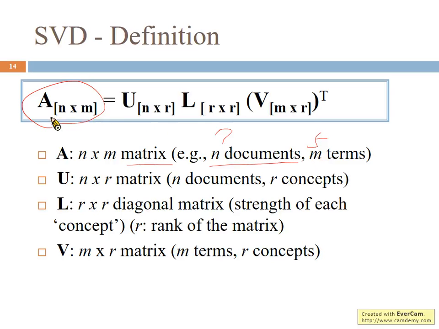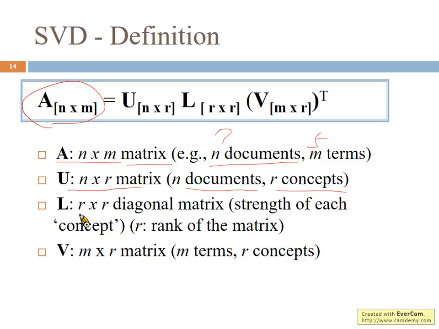Okay, so given an n by m data matrix, we want to decompose this matrix into U, L, V, where U is an n by r matrix. That means the relationship between n documents and the r concepts.